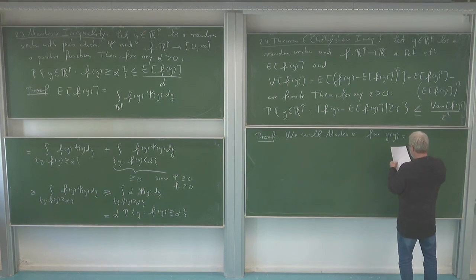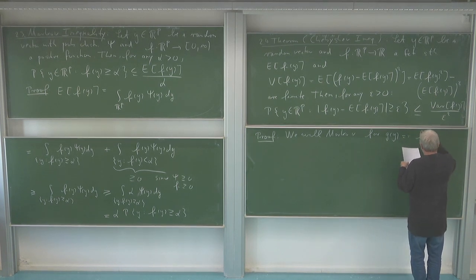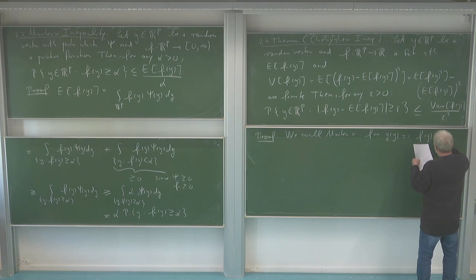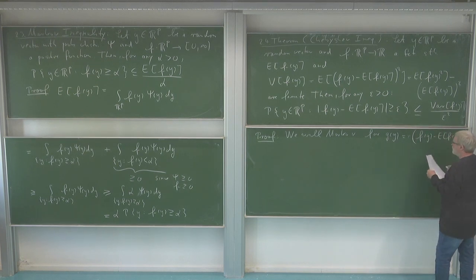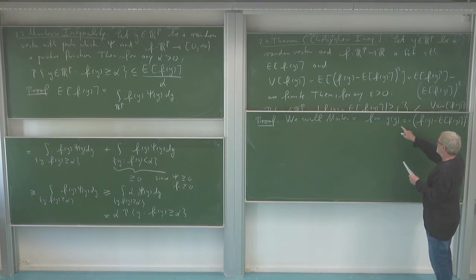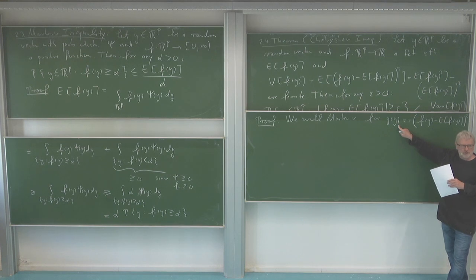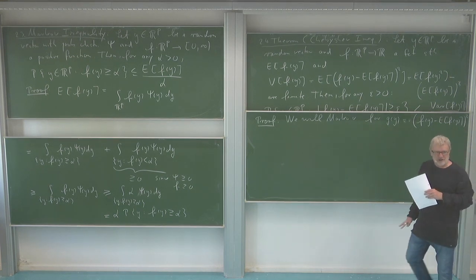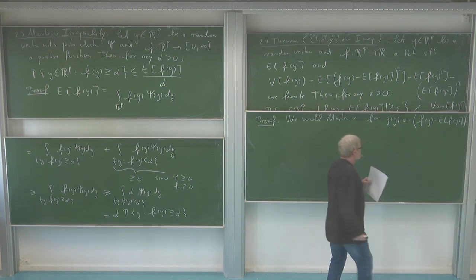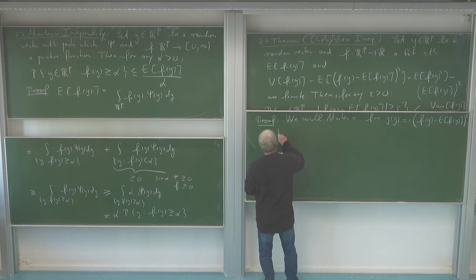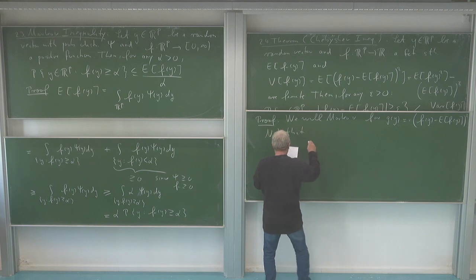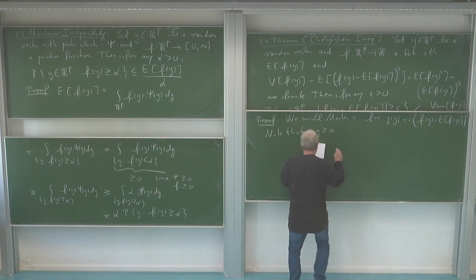So g is by definition f of y minus the expected value of f of y, the whole thing squared. Good, and the good thing is that this g is a positive function. For Markov I need a positive function. Here I take the square of something, so this is positive.